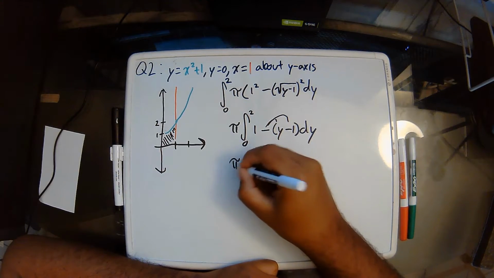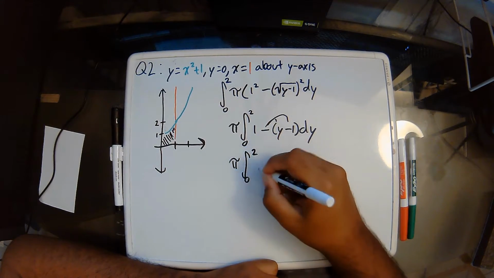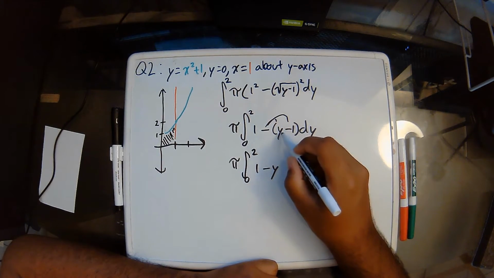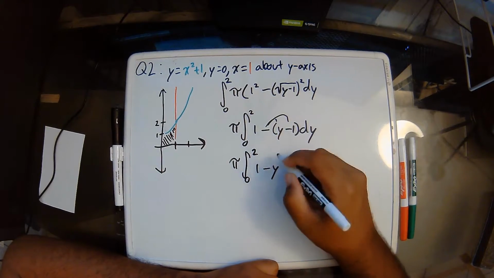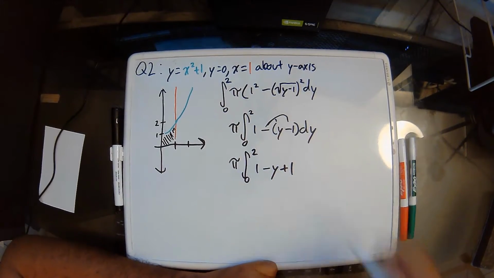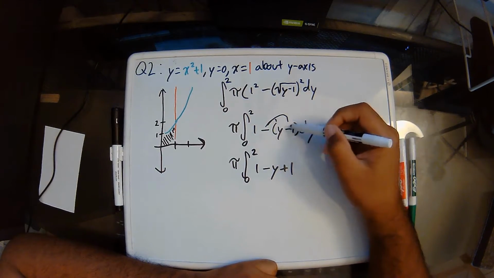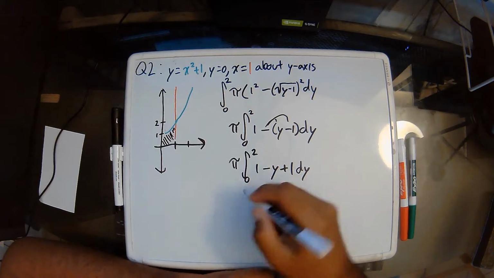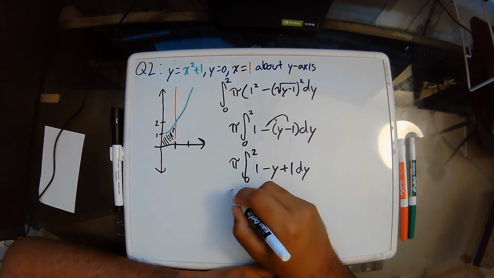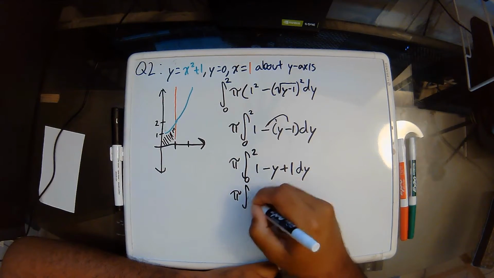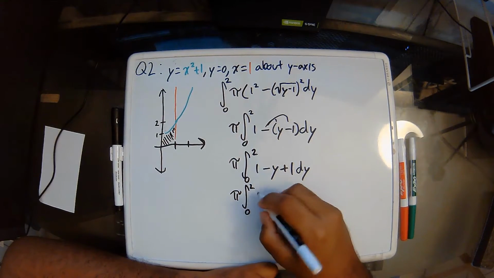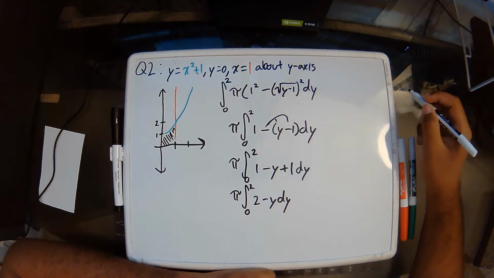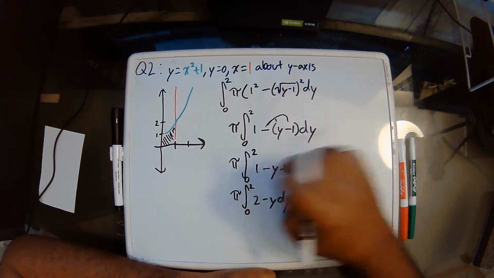So you would have, distributing that minus sign, 1 minus y, because this y is positive inside of here, plus 1, because this one in here was minus, and a minus and a minus make a plus, dy. So now, this can be rewritten as pi times the integral of 0 to 2 of 2 minus y dy, because you're adding this one and this one.